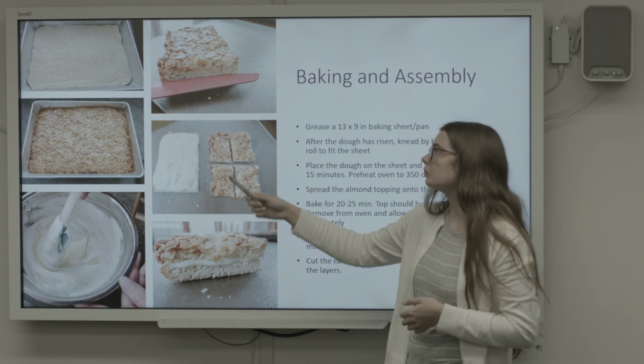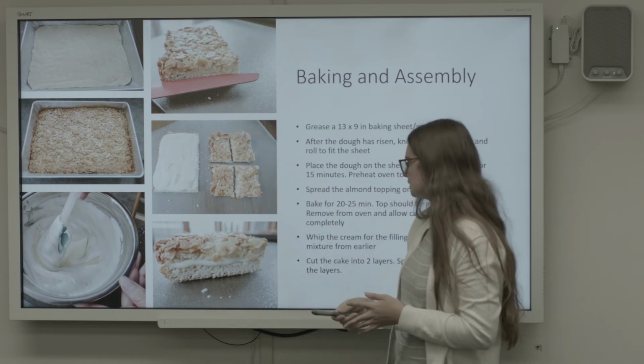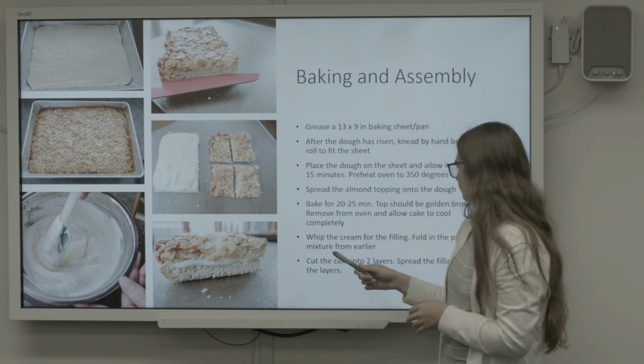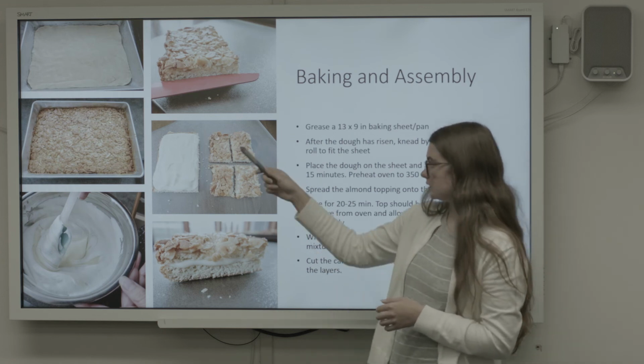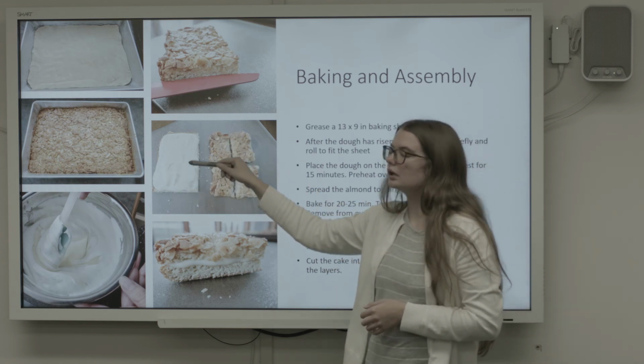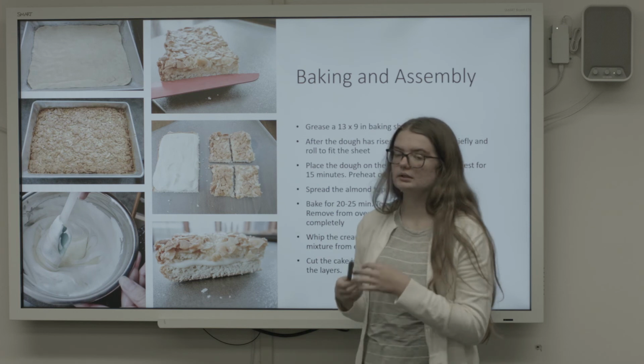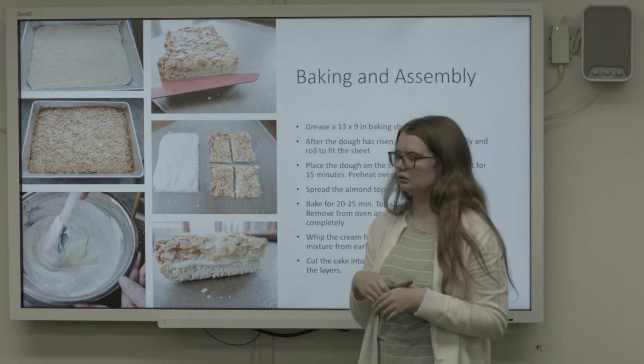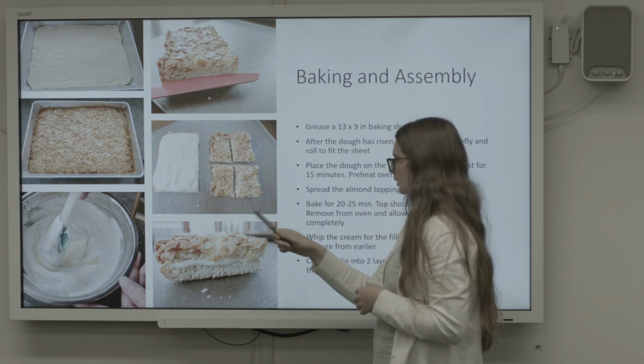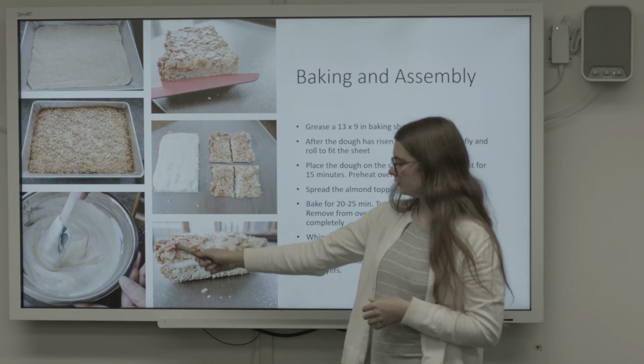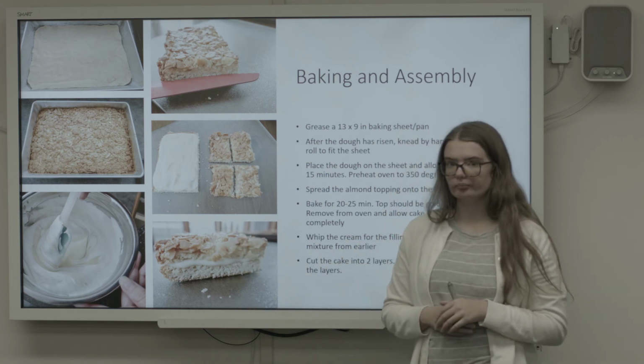So once you do that, you can cut it into 2 layers like this, and then you're going to verteile die Füllung auf dem Kuchen, because at this point it's Kuchen and not Teig. So then you've got your finished product right here and you're all done.